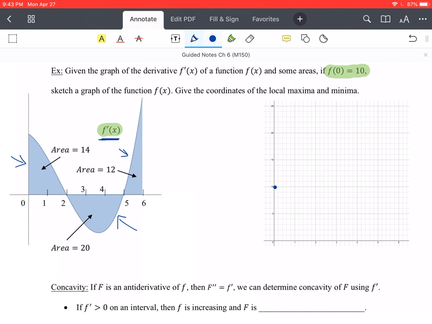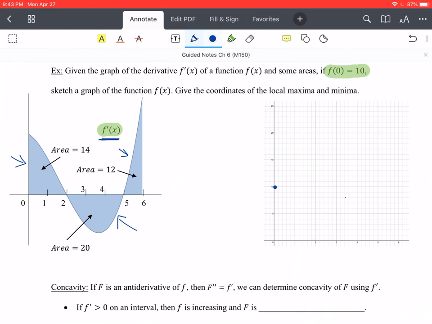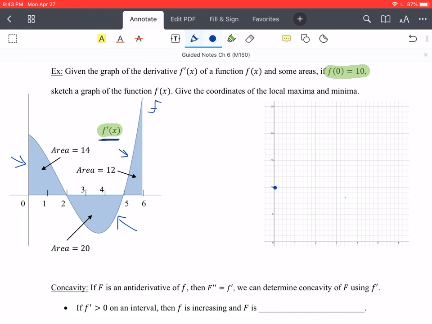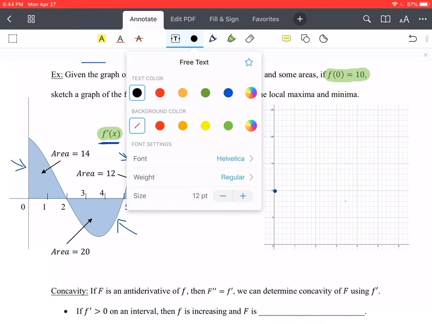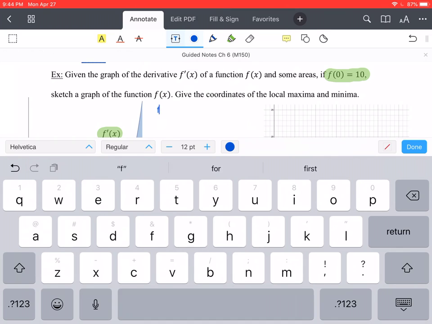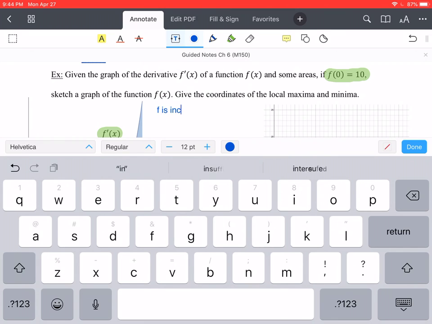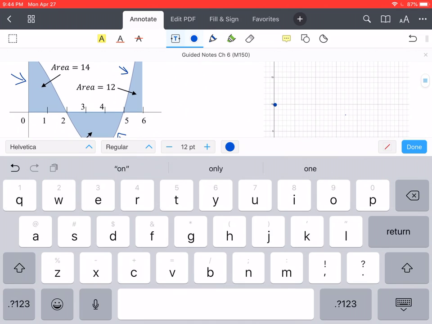So this tells us that f is increasing on the interval from 0 to 2.